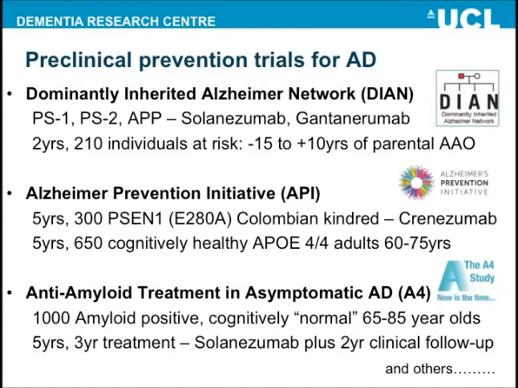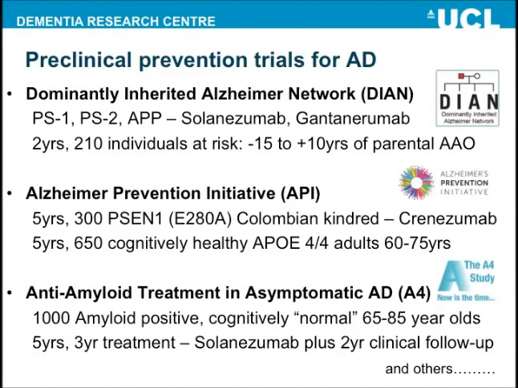The Alzheimer's Prevention Initiative is looking at a large family from Colombia with a certain presenilin-1 mutation using a different amyloid antibody. And the Alzheimer's Prevention Initiative also has a study looking at healthy older people who are at risk of sporadic Alzheimer's disease because they have 2 copies of the ApoE4 allele, and that's the commonest genetic risk factor.